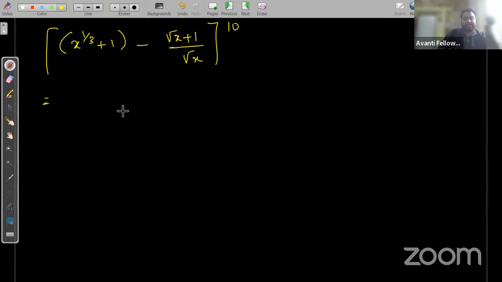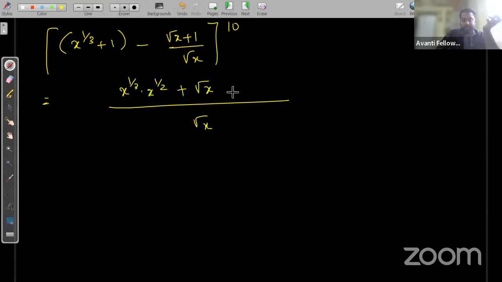If we take the LCM here, this will be root x. So root x to the power 1 by 3 into x to the power 1 by 2 plus root 2x or x to the power 1 by 2 minus root x into root x will be x, and this will be minus root x.